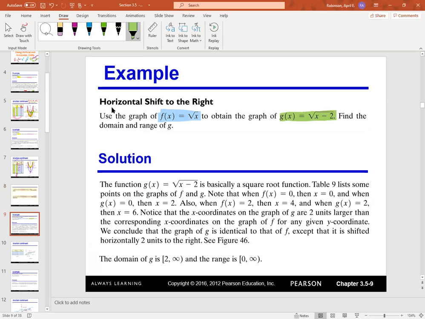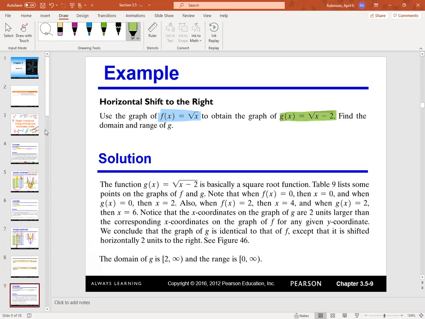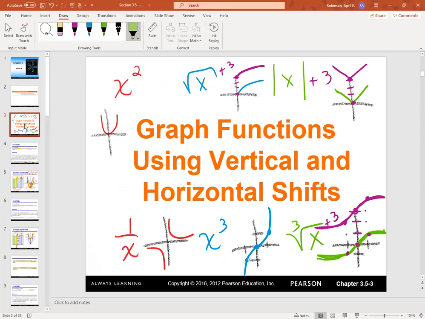Now this time they're putting the minus 2 under the radical. When I went back and showed you this one here, I didn't put that plus 3 under the radical. I had the square root of x and the square root sign cut me off, and then I put the plus 3 in there.